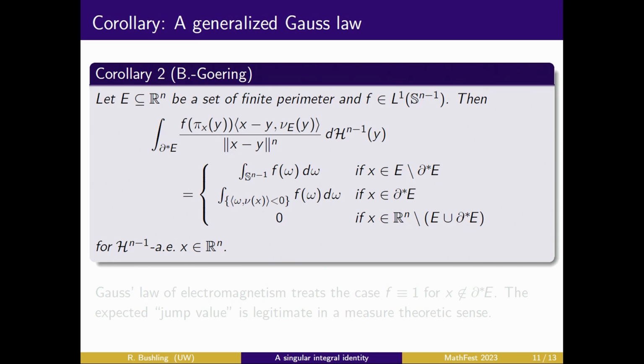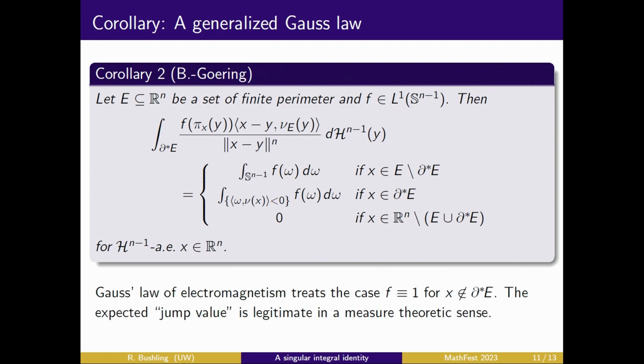One, it only applies when electromagnetic fields are, to my knowledge, isotropic. There's no special direction in the universe. So whether or not this is actually useful, I have no idea. But in addition to being able to plug in an arbitrary function f here and get this sort of Gauss-type law, we also are able to treat the case that x is in the boundary. That's precisely the theorem from, say, the last page or two pages ago.